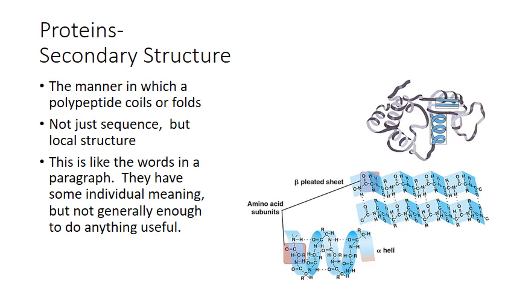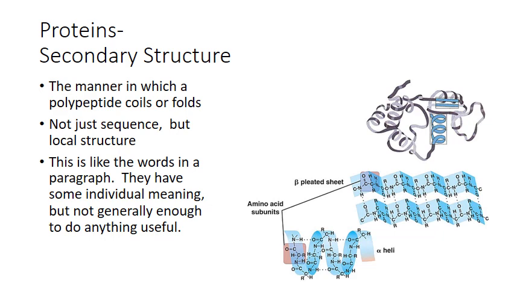We have alpha helices, as we call them, or beta sheets, these coils or sheets that are determined by hydrogen bonds between different amino acids. If you have two polar amino acids that are maybe 10 amino acids away from each other, the whole protein can fold up so they can link near each other to form a hydrogen bond, which is what we have here with the alpha helix.